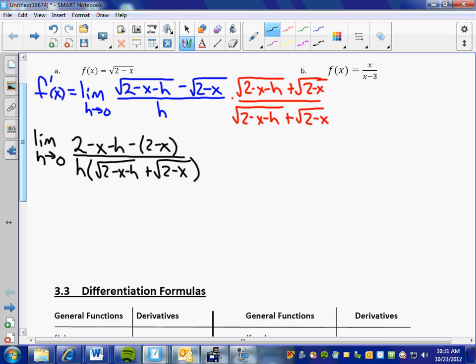So now what's going to cancel out in the top? The 2 minus the 2, and the negative x will cancel with this, which will be a positive x. I'm left with a negative h in the numerator.